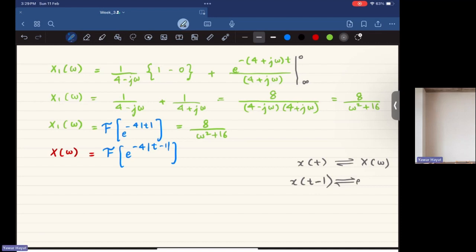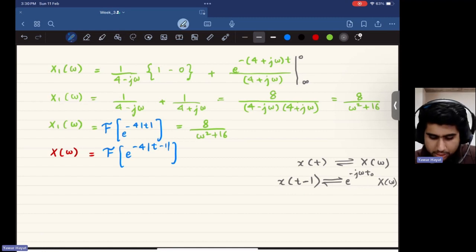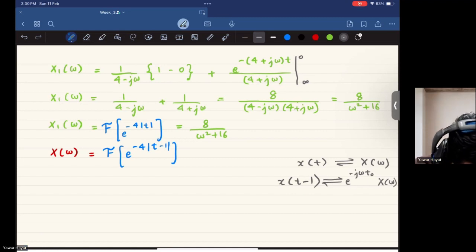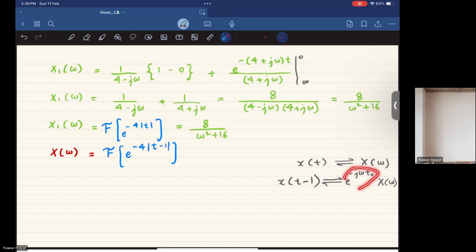That is e to the power minus j omega t naught, this X of omega, right? So we'll multiply this factor. In fact, this t naught is 1, right?